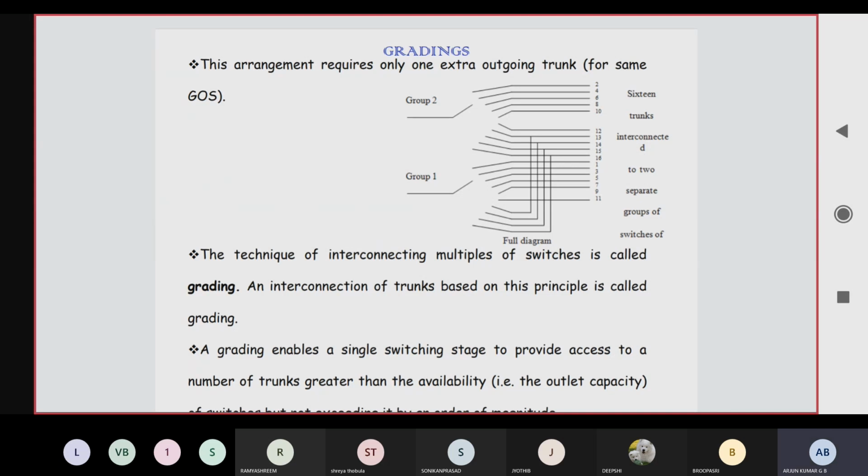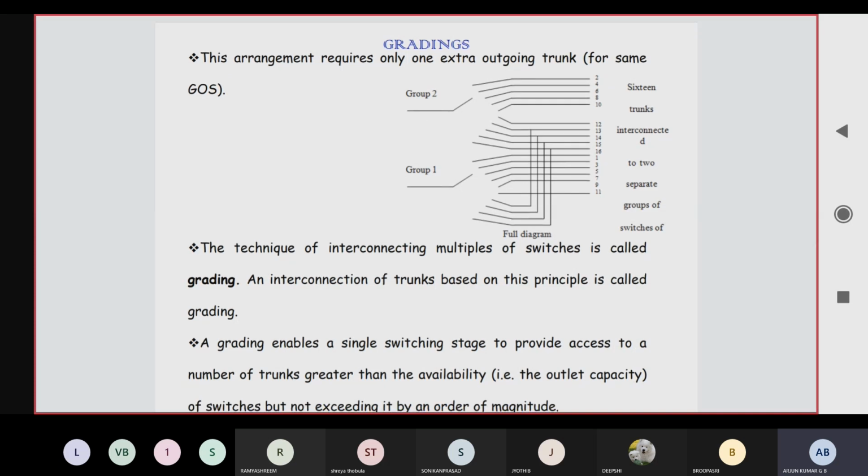By grading, we can reduce the number of trunk lines. You can observe it in the diagram. 6 trunk lines will be available for group 1, and the first 6 lines will be available for group 2, and the remaining 4 lines from group 1 and group 2 will be interconnected, which means 4 will be eliminated.